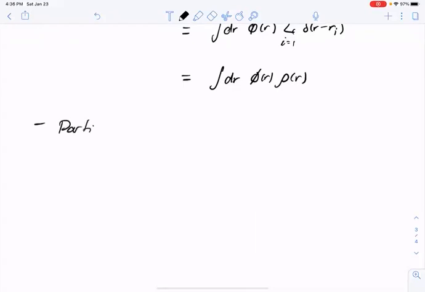Now we are in a position to actually write out what we would mean by the partition function of this Gaussian density field theory.